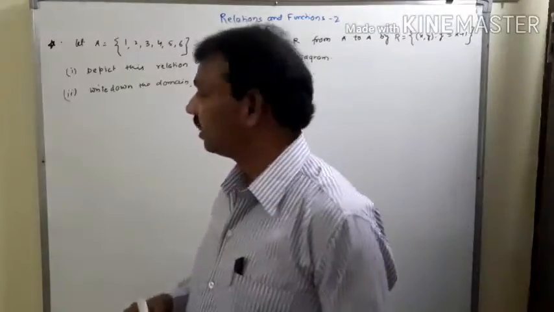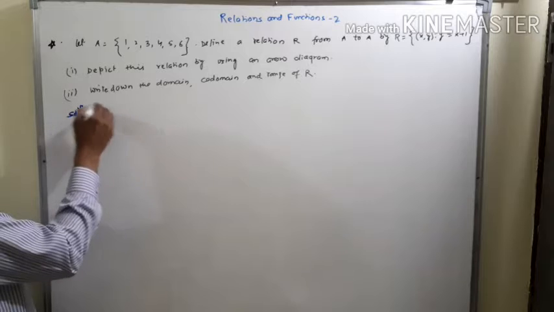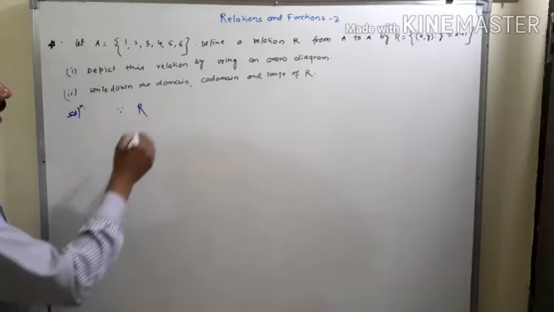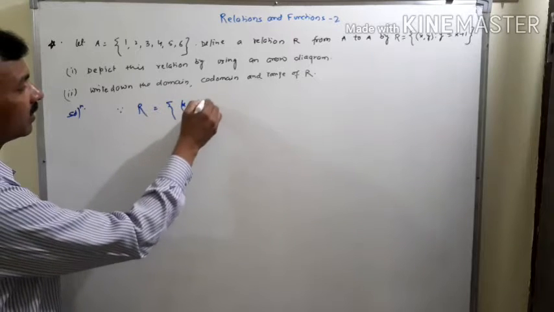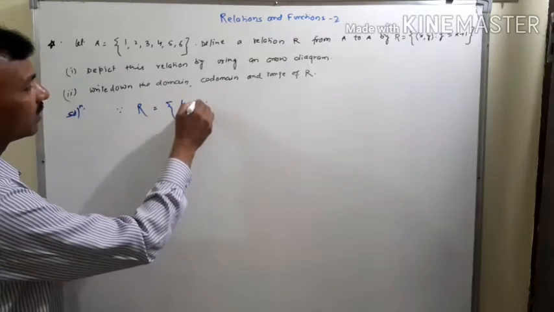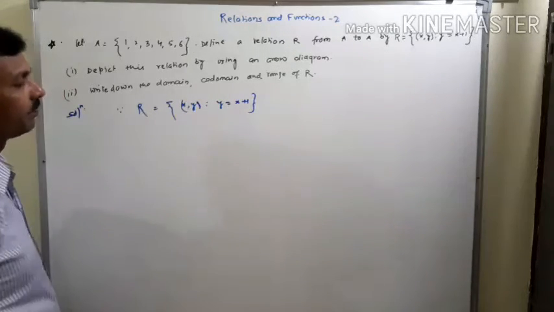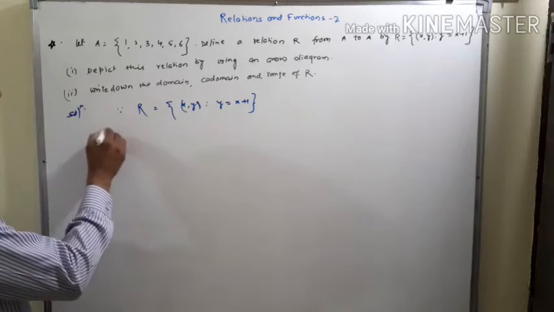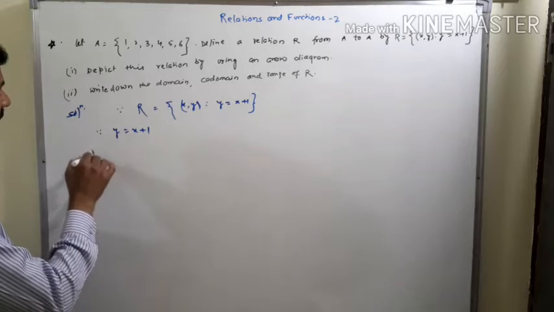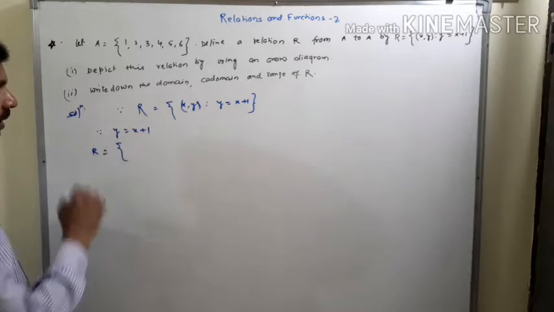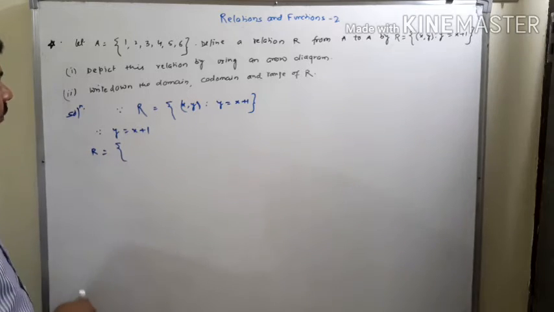Given that R is defined as R = {(x, y) such that y = x + 1}, we can find all ordered pairs of this relation.